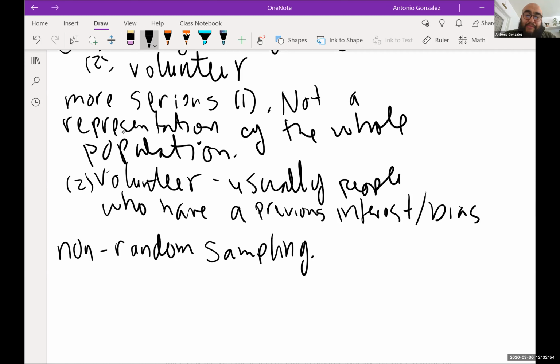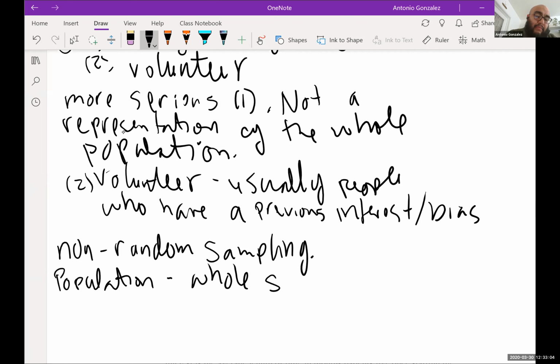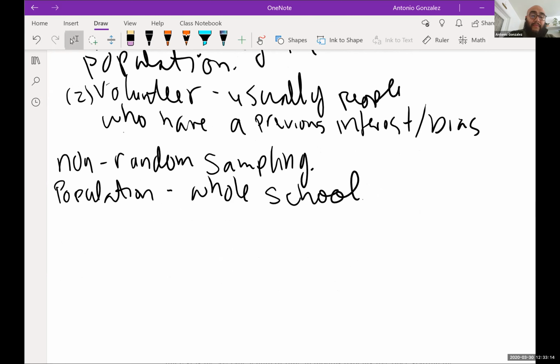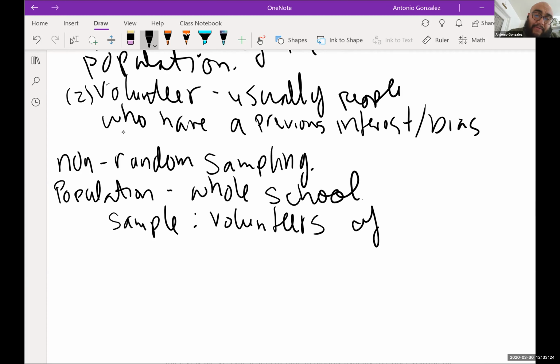So let's say, just for this particular experiment, that the population was whatever school they're in, some kind of university. What they did is they took a sample, and their sample came from volunteers of an intro psychology class.